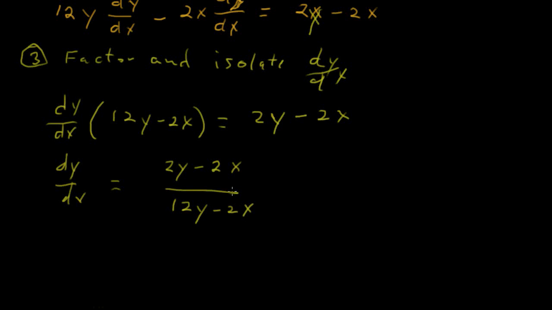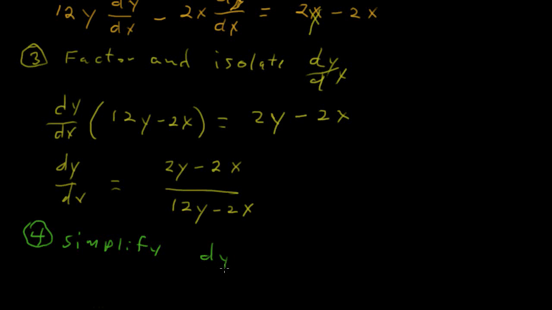And our fourth and final step then is to just simplify. And so if you look back, you could see that, well, we could do one thing first. We could factor out a 2 out of both the numerator and the denominator.